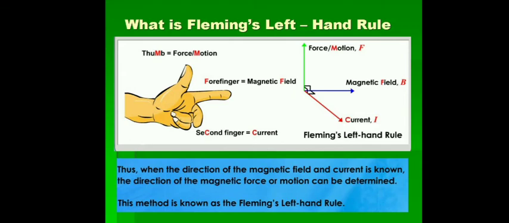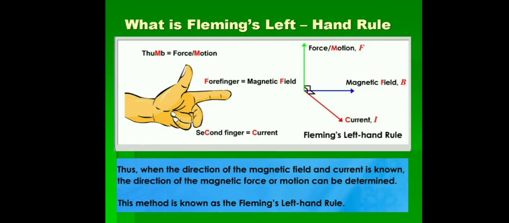The first finger is aligned in the direction of the magnetic field, the central finger is aligned in the direction of the current, then the thumb points in the direction of motion of the conductor. That is, the thumb gives the direction of the force on the conductor.